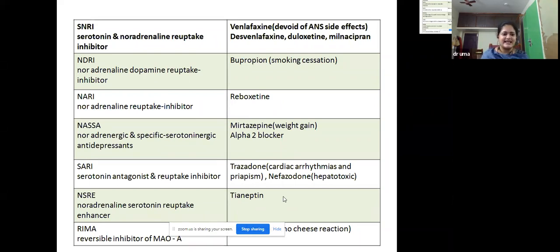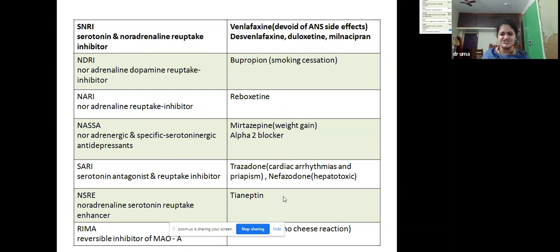And SARI, that is serotonin antagonist and reuptake inhibitor. It is trazodone and nefazodone. Trazodone produces arrhythmias and priapism. Nefazodone causes hepatotoxicity. NSRE, that is noradrenaline serotonin reuptake enhancer, is tianeptine and amineptine. RIMA, that is reversible inhibitor of monoamine oxidase A, is moclobemide.